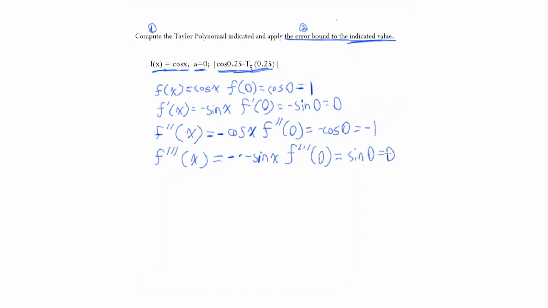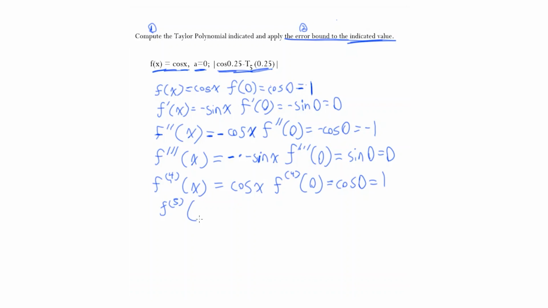Sine of 0 is 0. Fourth derivative: the derivative of sine is cosine. Plug in 0. Cosine of 0 is 1.